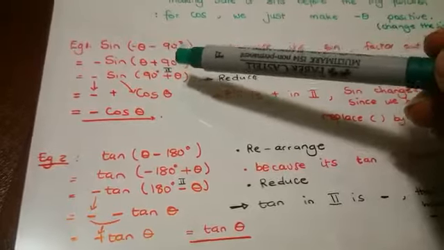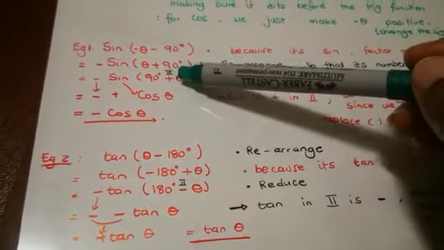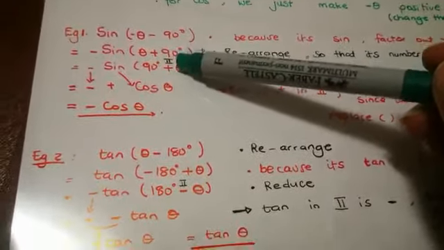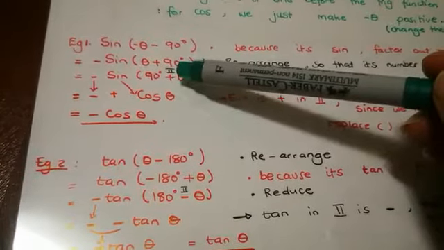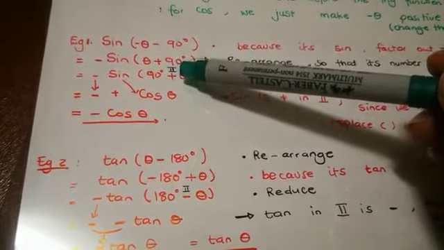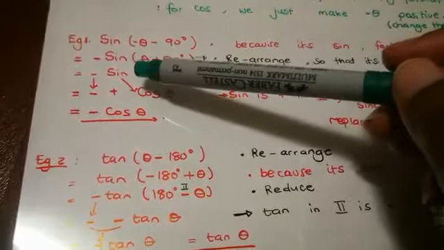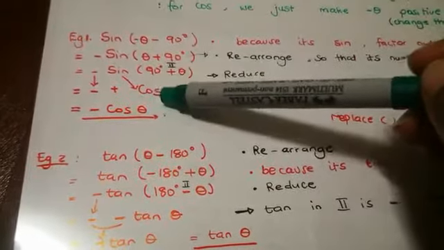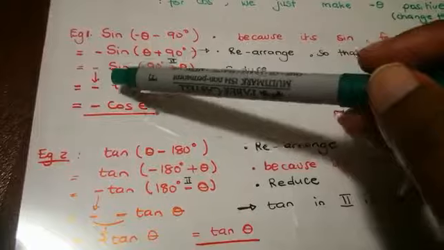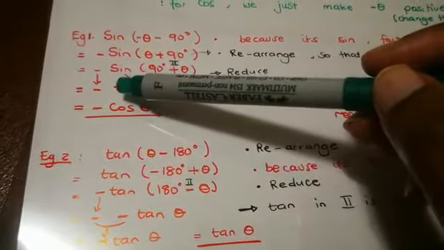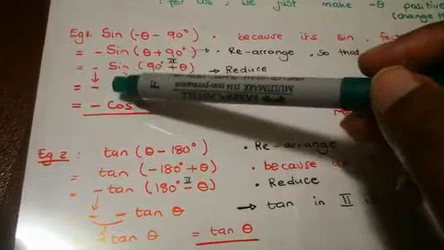Okay, sine 90 plus theta is in the second quadrant. So if it is in the second quadrant, it means that we have to now change the sine to cos. So that's what I did here. Now sine is positive in the second quadrant, so that's what I did here.